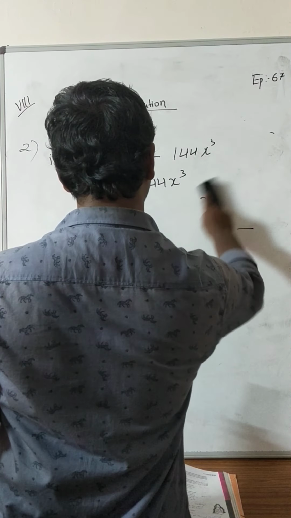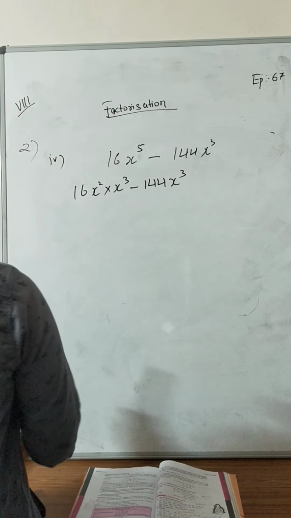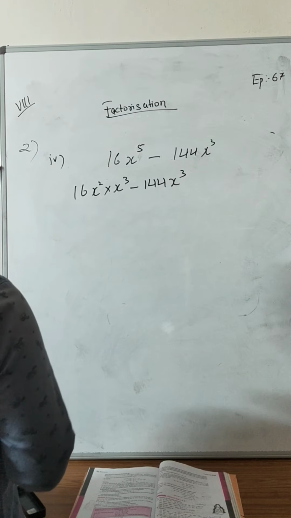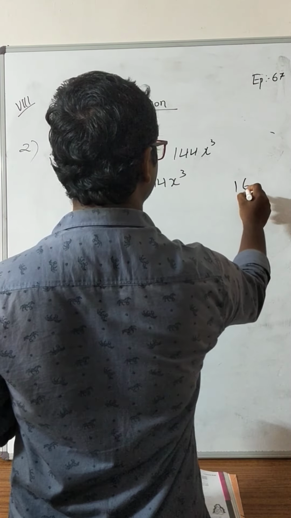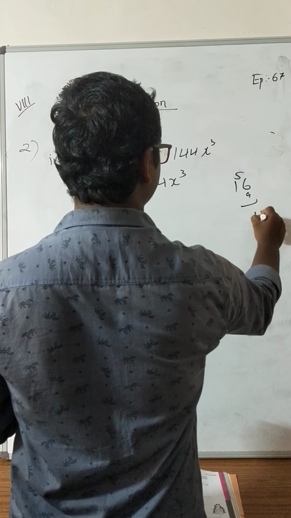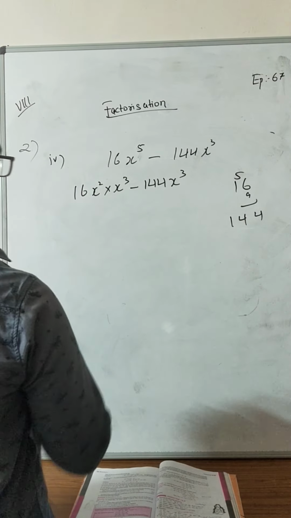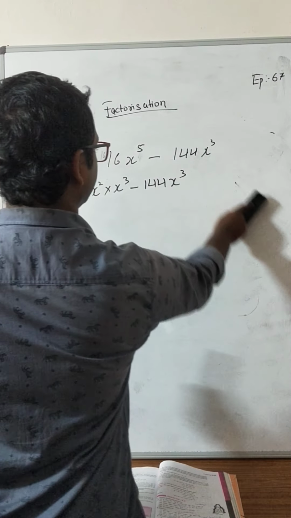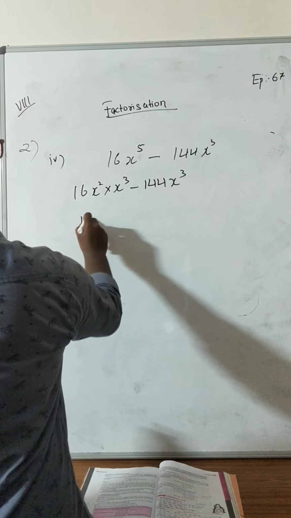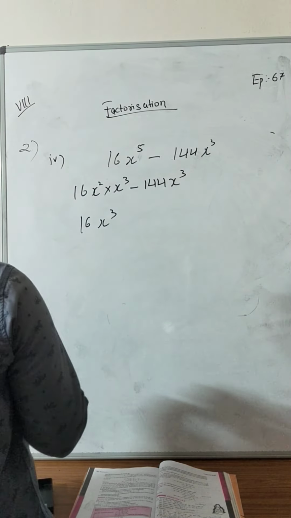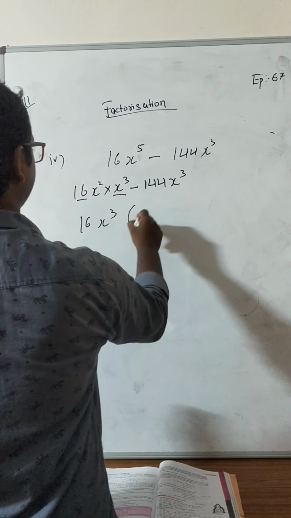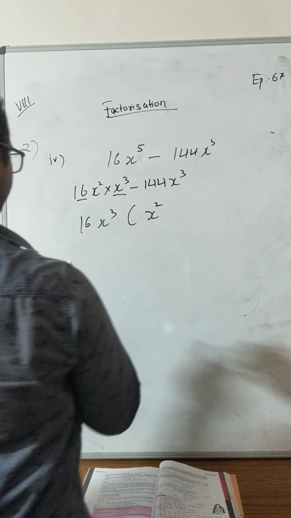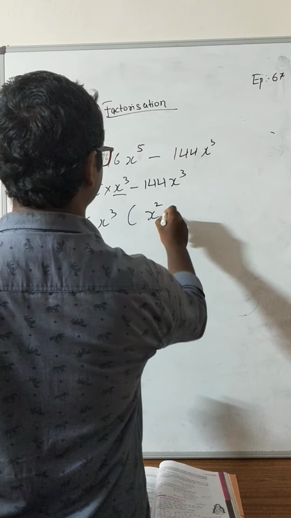Okay, now here let me take something common out. See, 16 into 9 is actually 144. So I'm going to take 16 and x cube as common. Then I will have here x power 2 and here I will have 9.